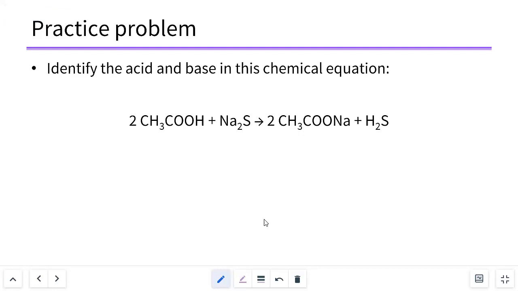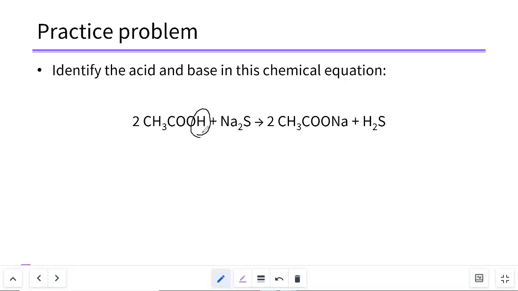Last question, we'll call it a day. How do I identify acid and base? Well, very similar to what we have been doing on the previous couple of slides. I need to follow the hydrogen. I can see that this hydrogen has migrated. It went from here to here because we went from sodium sulfide to hydrogen sulfide.